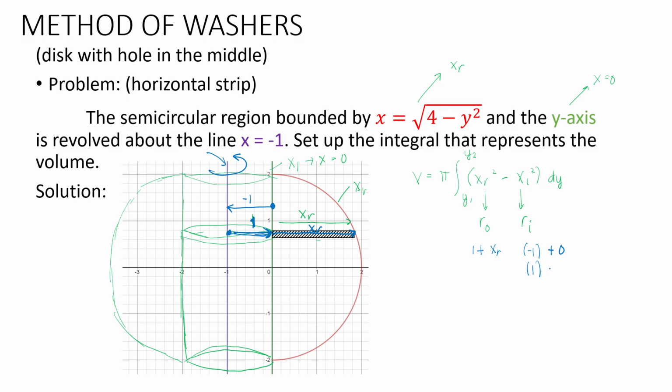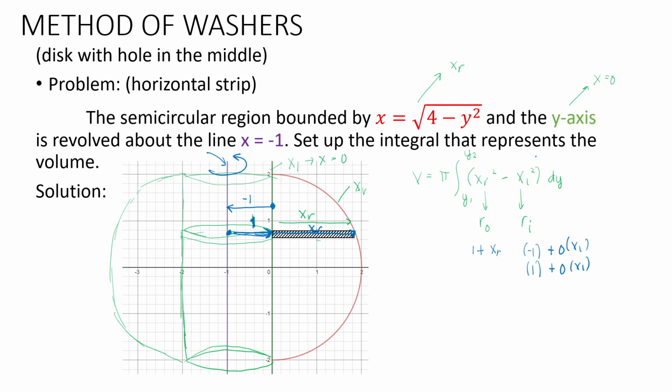Then this one is plus 0. It's 0 distance because that is what we are rotating around. So it's x left, but x left is the y-axis, so that's why it's 0. x left.